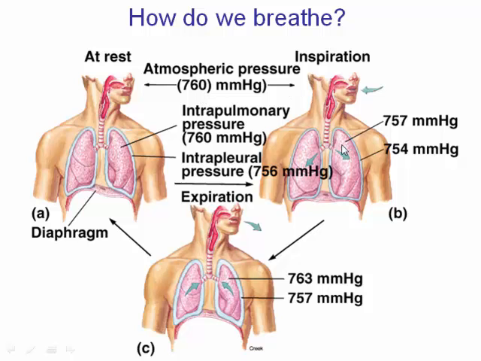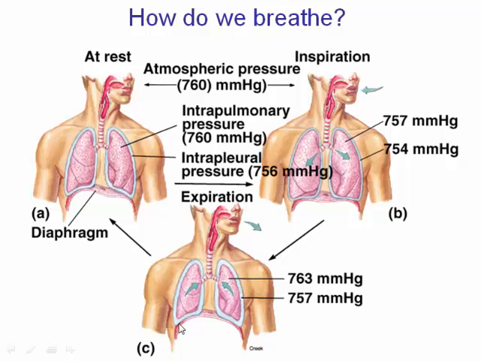Which way will the air go, out of the lungs or into the lungs? It's going to come into the lungs until they're all the way full, and now you'll see the number has gone to 763. That 763 is now more than the atmospheric pressure.